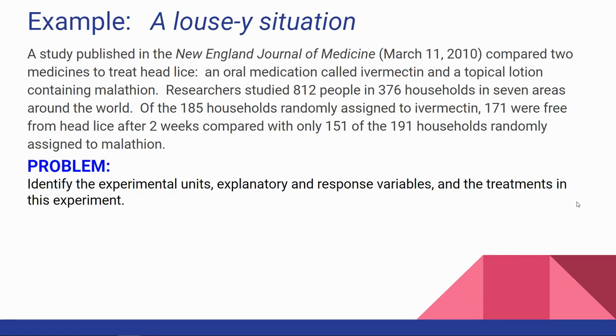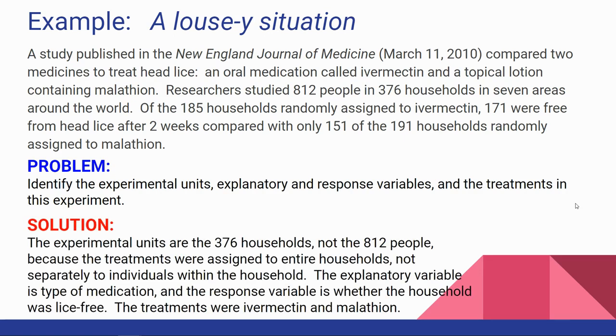Okay, so here's an example, and again, these examples are for you to see how your answers should be worded when you're doing assignments. You want to identify the experimental units, explanatory and response variables, and the treatments in the experiment. The solution: the experimental units are the 376 households, not the 812 people.